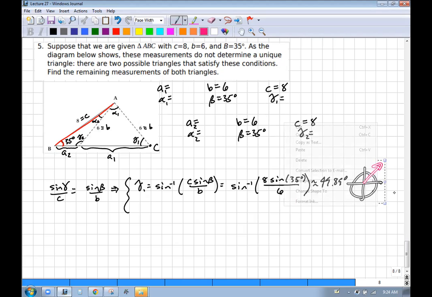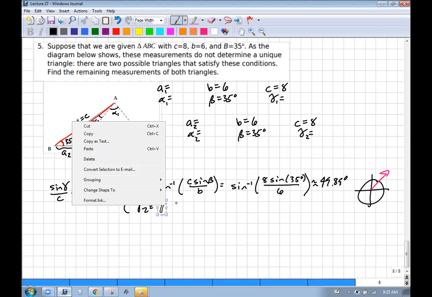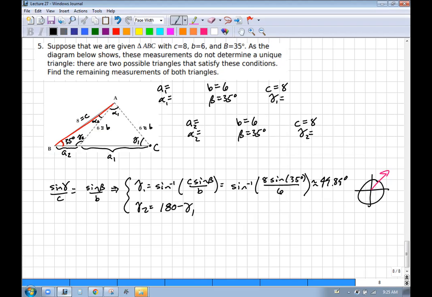All right. Now that's one angle. The other one would be 180 minus the first one. The other one is this guy, right? So it's 180 minus gamma 1. There's gamma 1. This is our gamma 2. 180 minus 49.89 is 130.11 degrees.